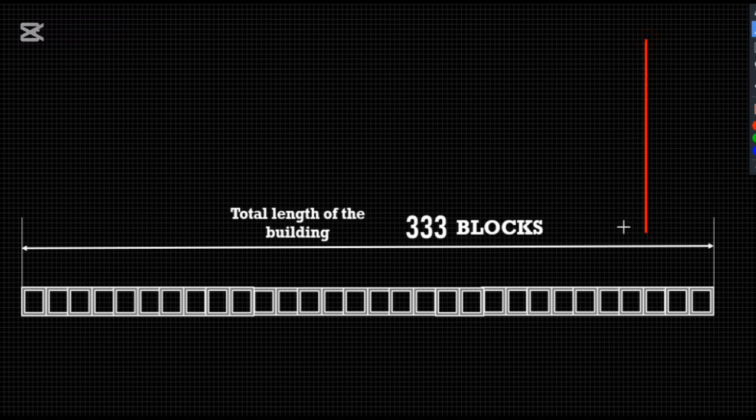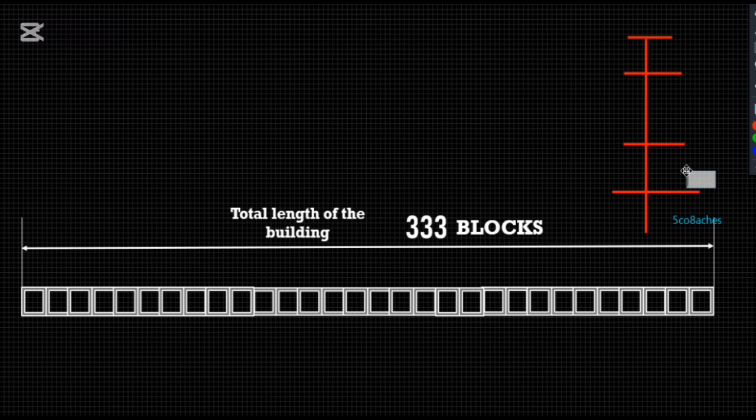For instance, you have the height of your building like this. You have the DPC, you have the window seating, you have the window itself, and you have the final block on the building. So from the DPC, you have, let's say, 5 courses. Then from DPC to window seating, you have 4 courses.